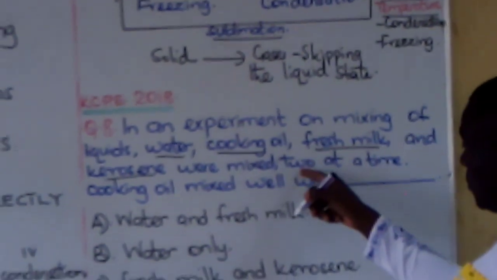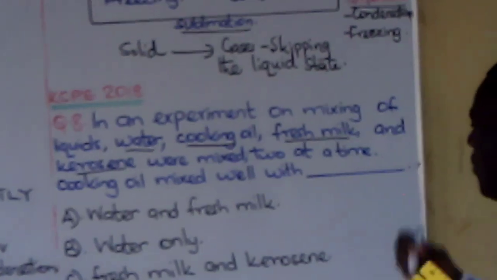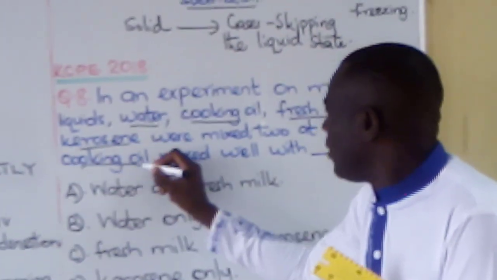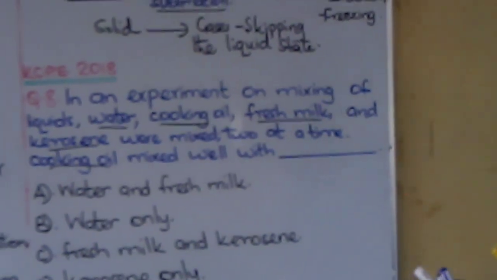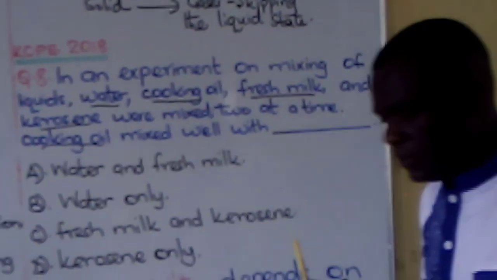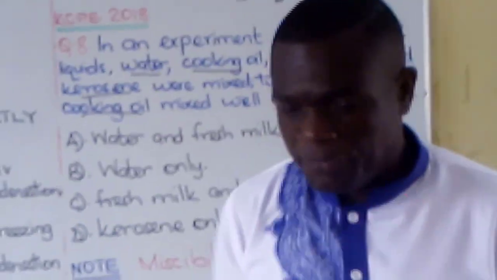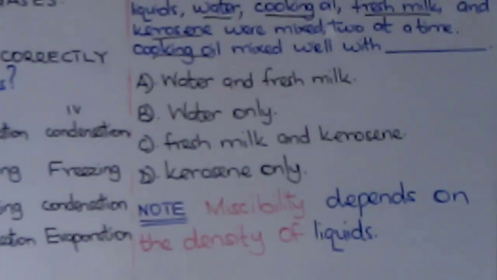Now, they realized that cooking oil mixed with some other liquid that we are not told. I want us to go through something else before you answer that, and you'll be able to answer that question quickly.